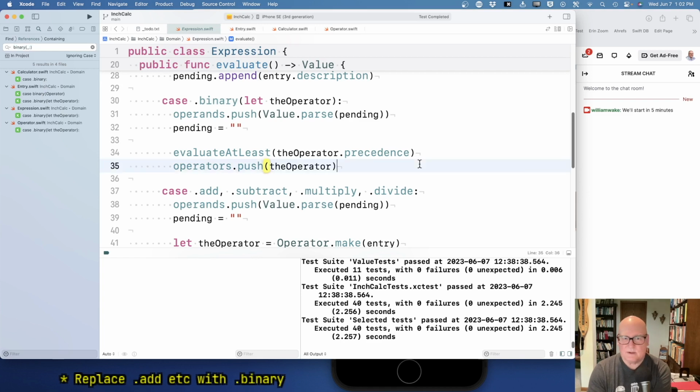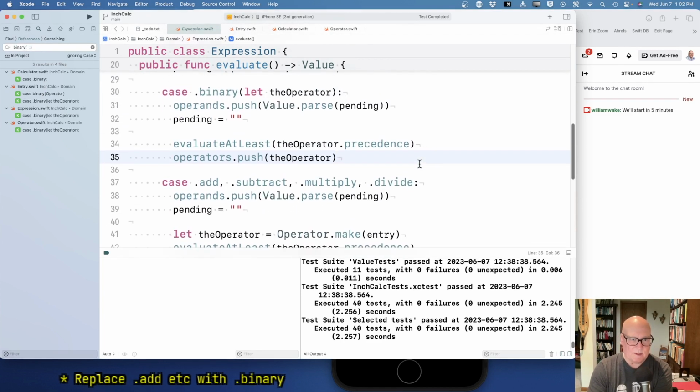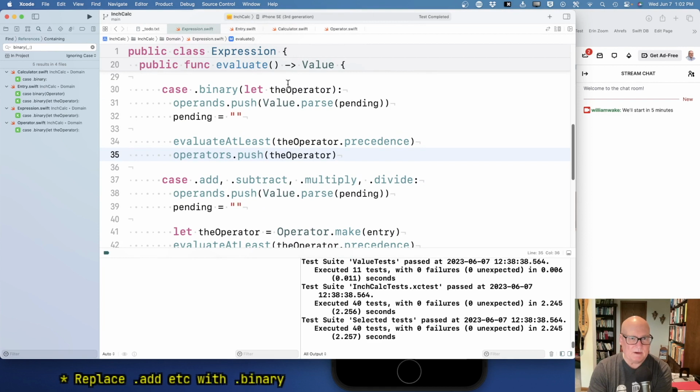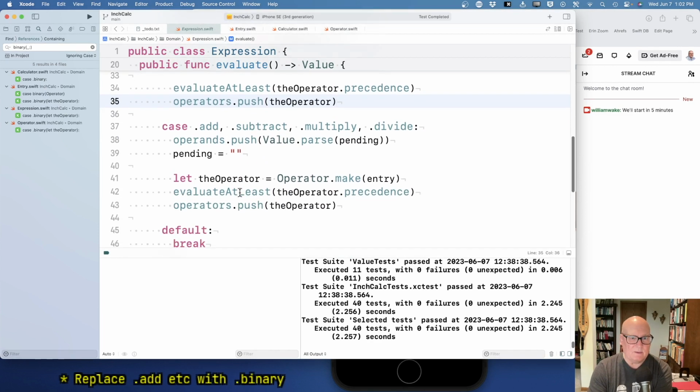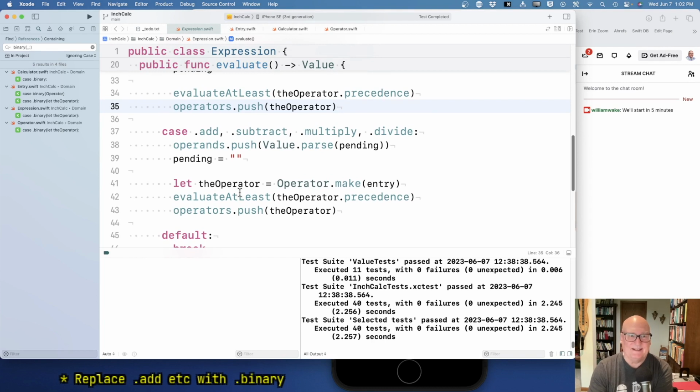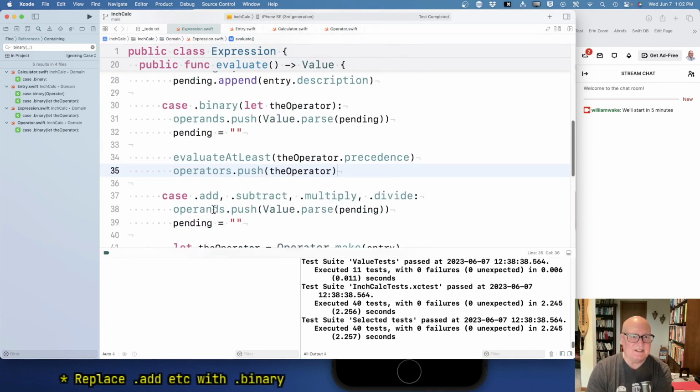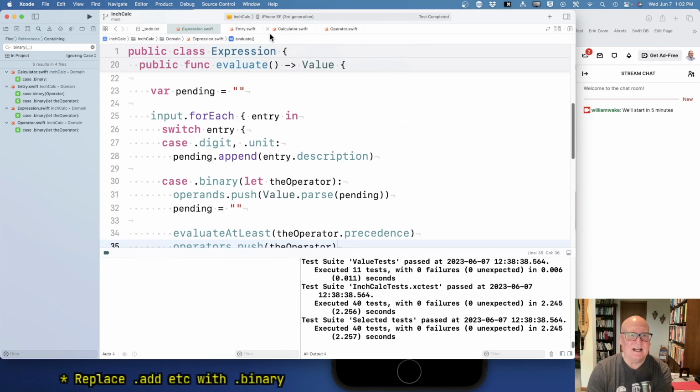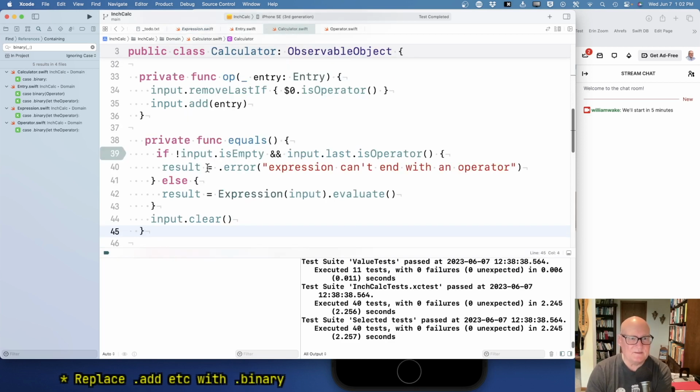I don't think we started using it. My thought was we would turn all these into a binary with an operator attached. And now I realize, oh, wait a minute, our negation is actually kind of complicated. Let's see, where will that be? I guess it's in calculator.